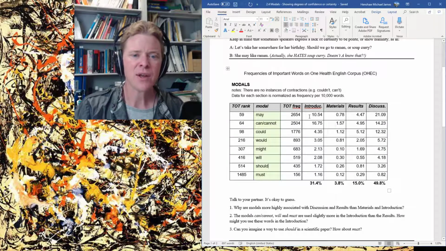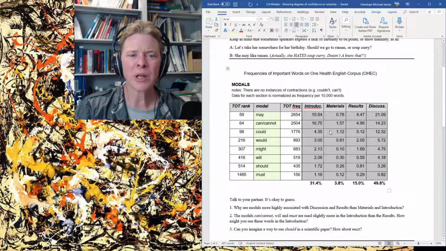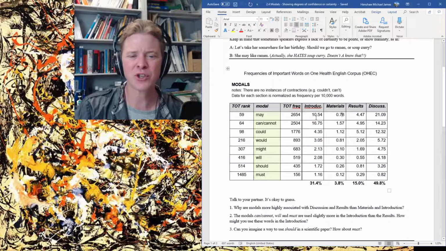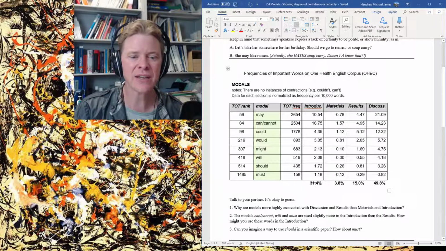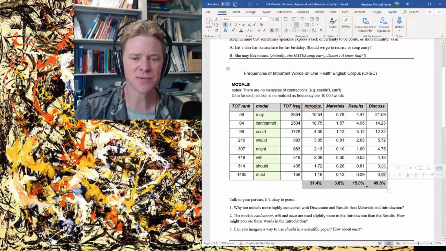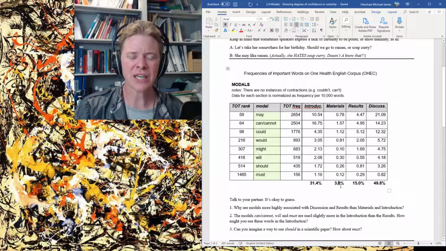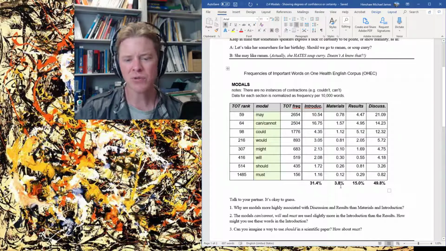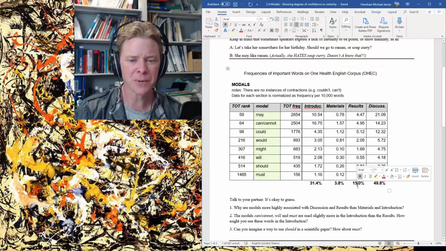That's what that means. These numbers are a normalized figure. Okay, so that's the frequency per 10,000 words. Let's not worry about that too much. I just wanted to make the data clean so we could get these percentages. Okay, materials section doesn't use modals much at all. Well, the results is somewhere in the middle.